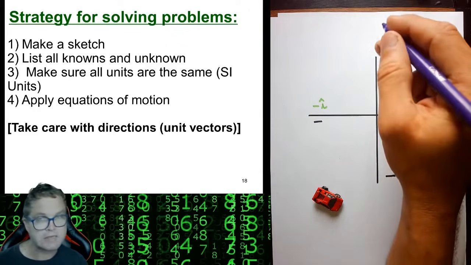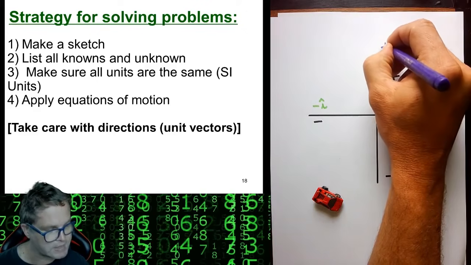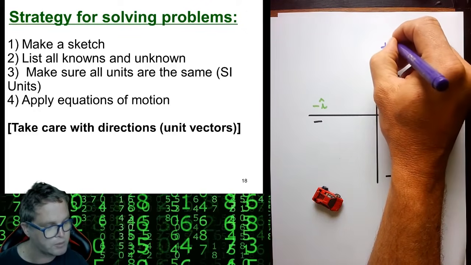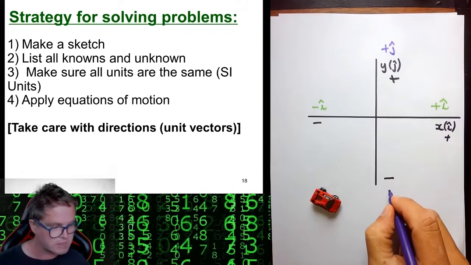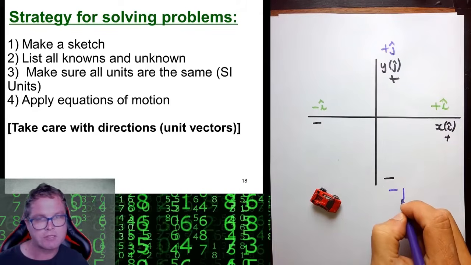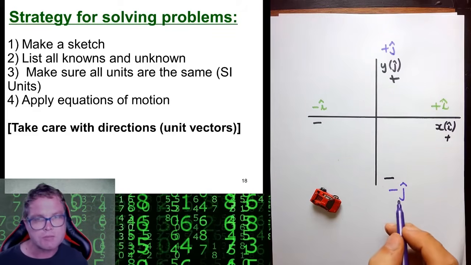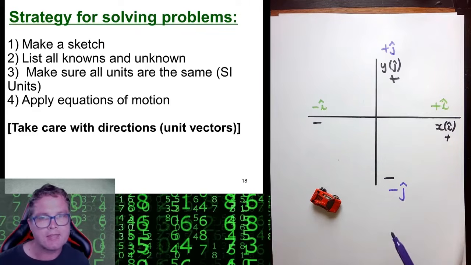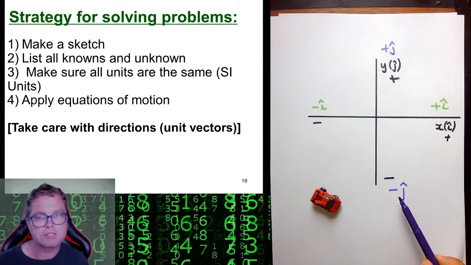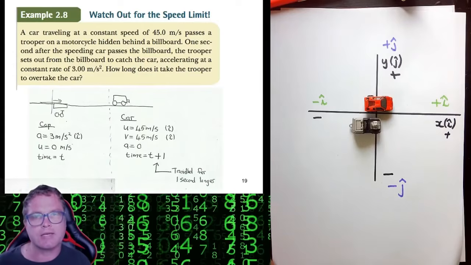For the y direction, you may have guessed it, if the vector is pointing upwards, we're going to use positive j hat. If the vector is pointing negative, it's going to be negative j hat. So in terms of the directions of the vectors, we're always going to need to apply these sign conventions for the unit vectors. Let's take a look then at an example.